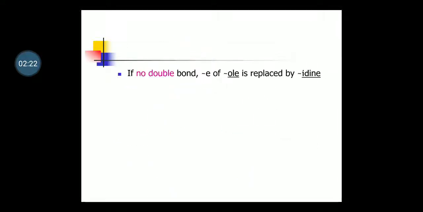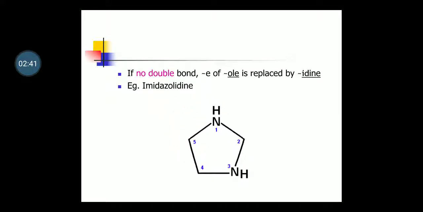Next rule. Now if there is no double bond, five-membered ring, but there is no double bond, so what is the change in the name? E of this OLE is now replaced with IDINE. Example, imidazolidine. For example, this is the five-membered ring. If there are two double bonds, it becomes imidazole. Instead of two double bonds, only one double bond, imidazoline.